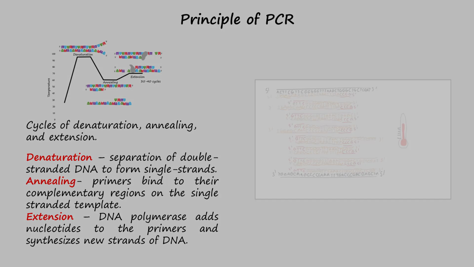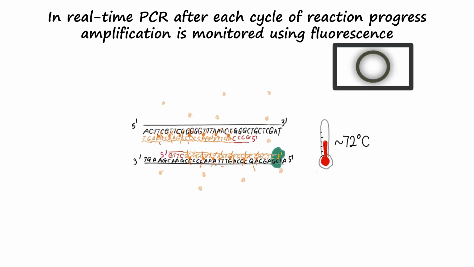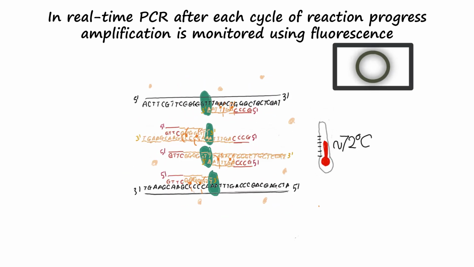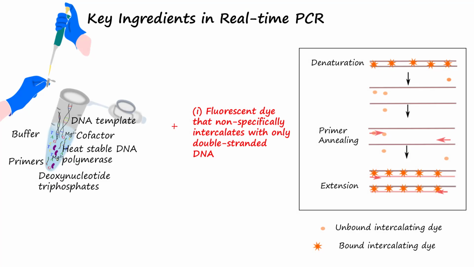In real-time PCR, after each cycle of reaction progress, amplification is monitored using fluorescence. Fluorescence is generated because the basic PCR mix, consisting of DNA template, primers, deoxynucleotides, DNA polymerase, buffer, and cofactor, is added with, for example, 1.